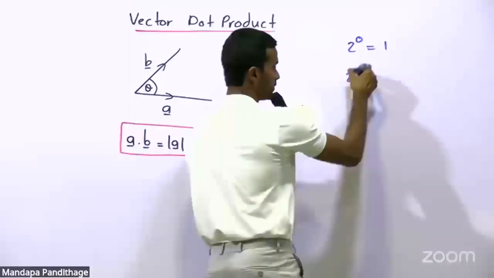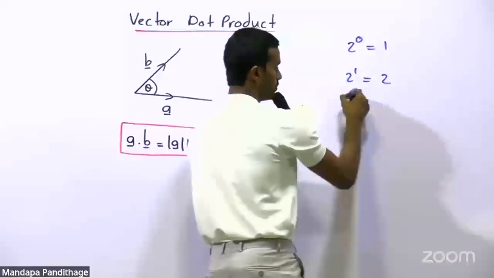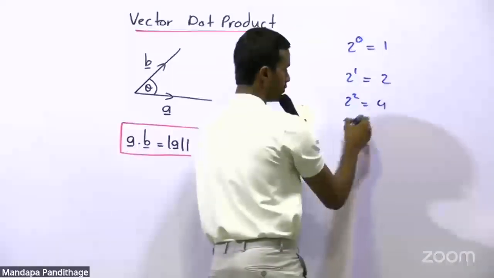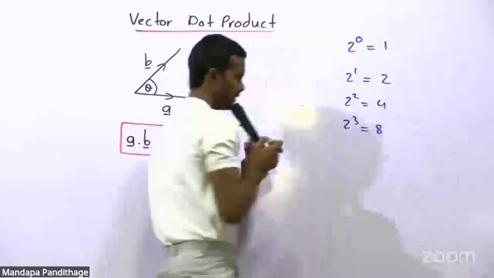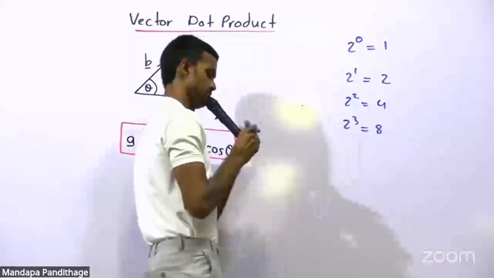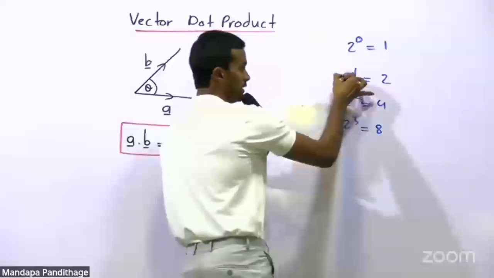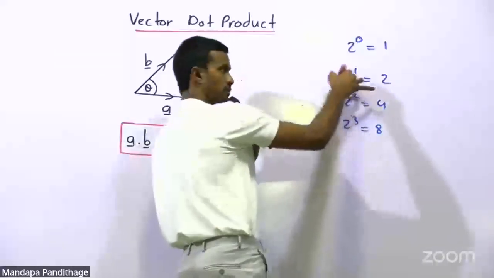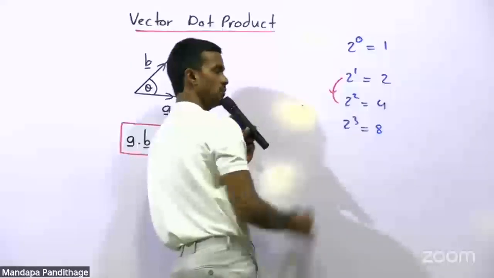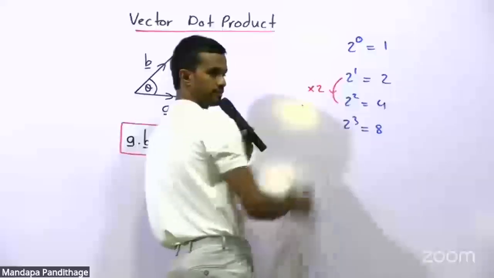So here it's equal to 2, 4, 8. I'll explain in a small way. How does 2 to the power 1 become 2 to the power 2 when you multiply by 2?